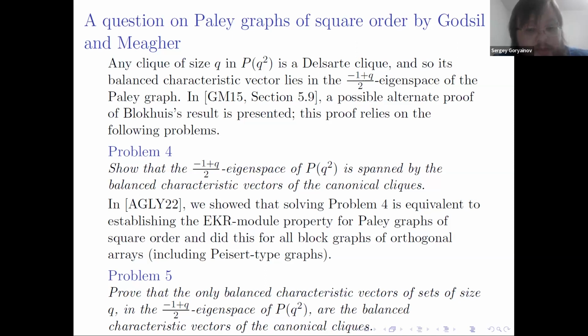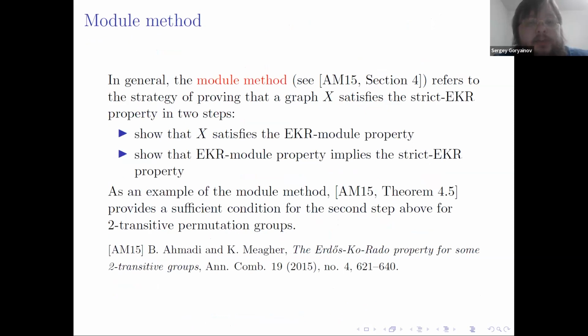Prove that the only balanced characteristic vectors of sets of size q in the corresponding eigenspace of the Paley graph of square order are the balanced characteristic vectors of the canonical cliques. In general, the module method, see a paper, for example, by Ahmadi and Meagher, refers to the strategy of proving that a graph X satisfies the strict EKR property in two steps.